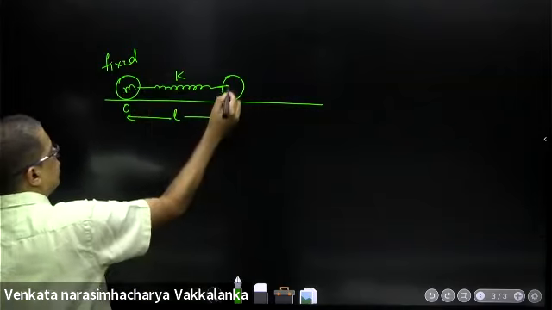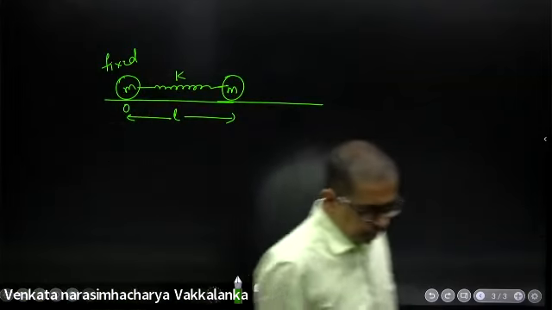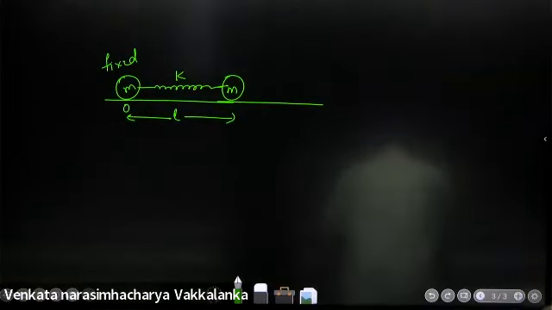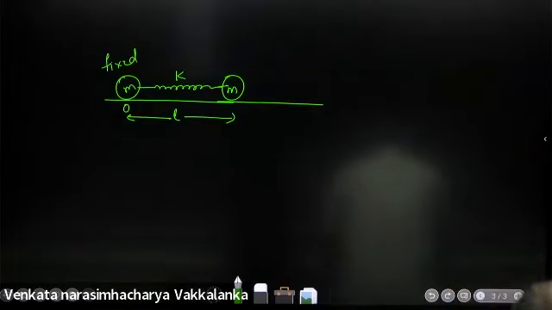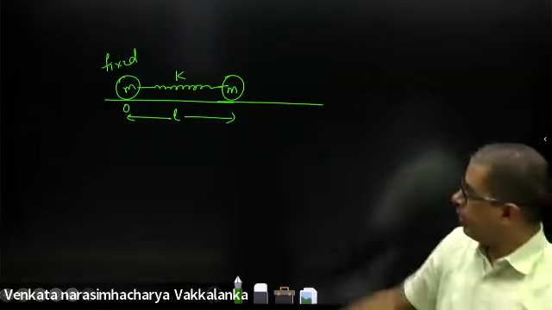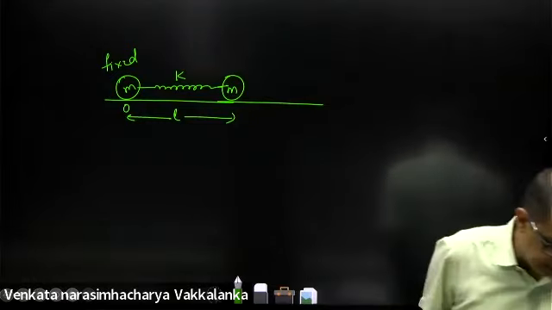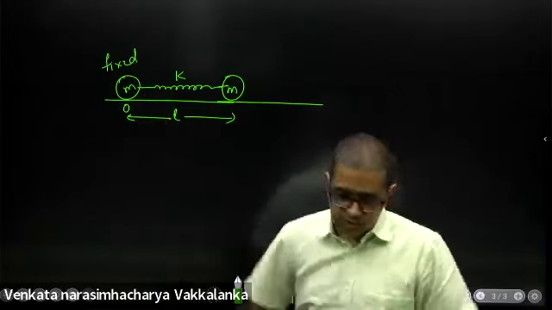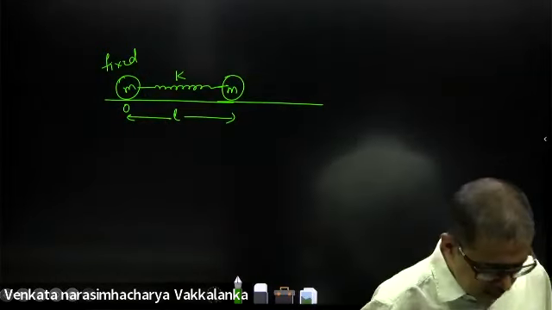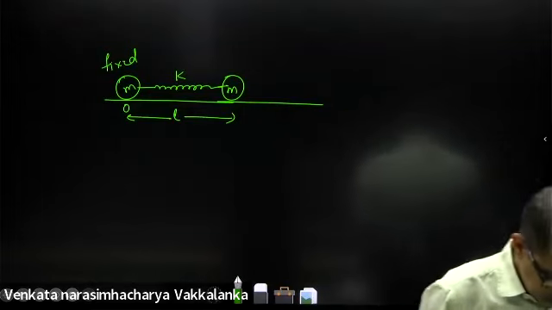Mass of this body is m, mass of this body is m. Two small identical bodies lying on a horizontal plane connected by an ideal spring. One ball is fixed at O. The other is free to move.